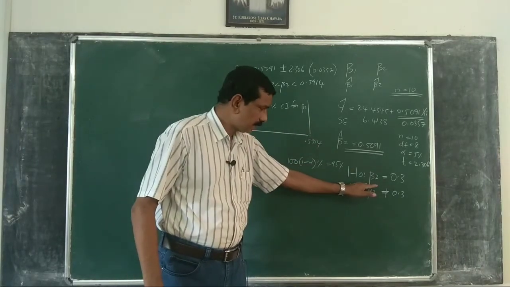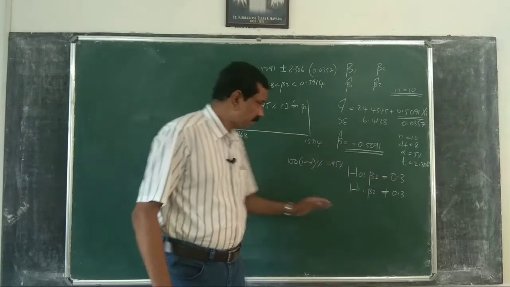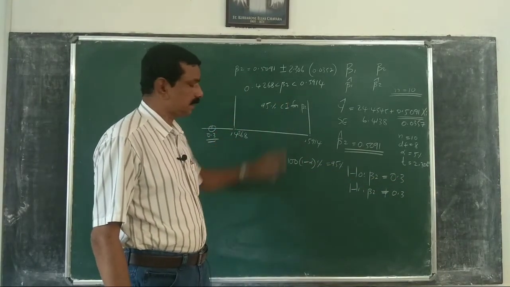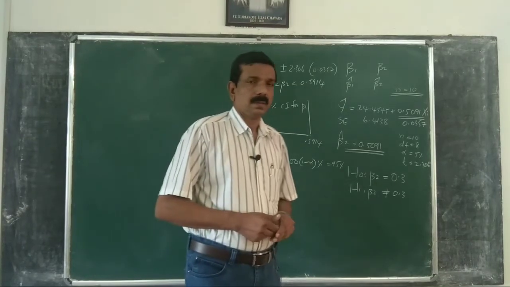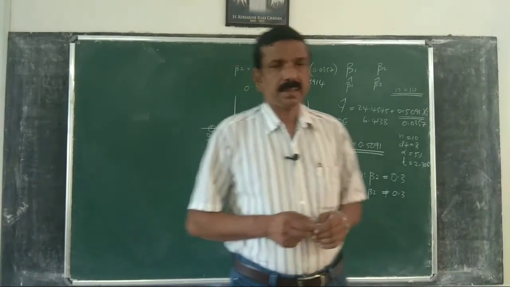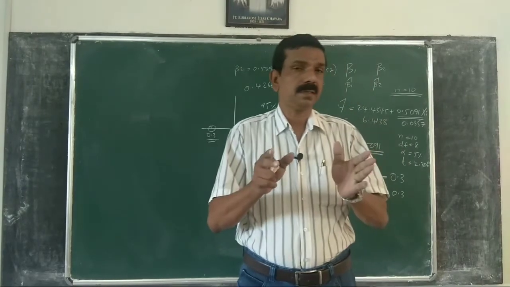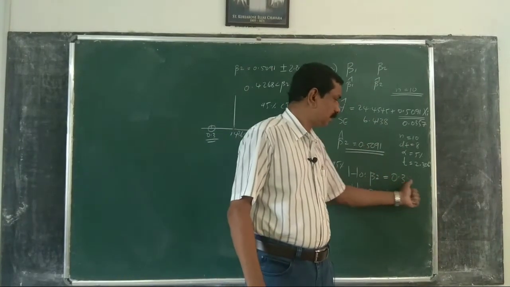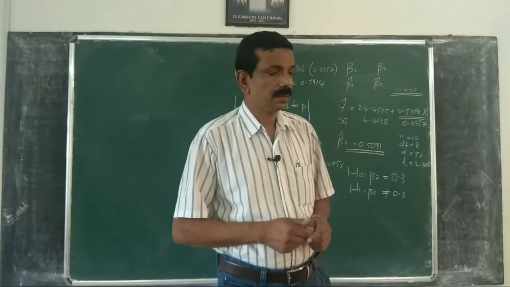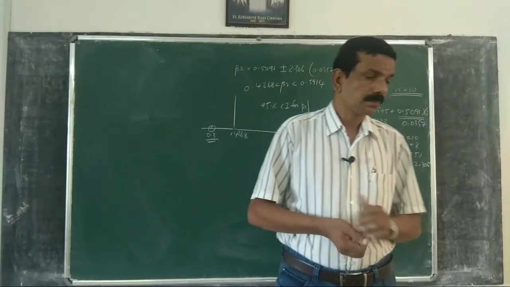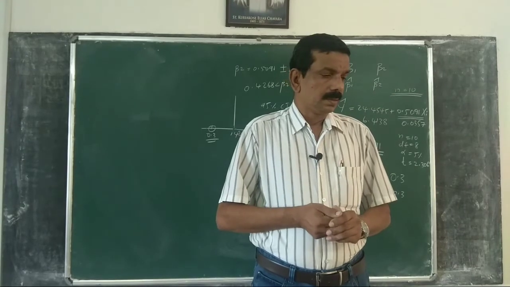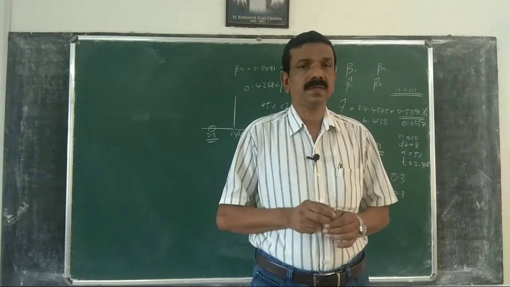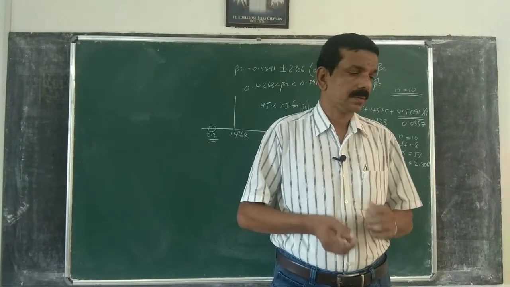In our example, the hypothesized value 0.3 is outside this interval. So we reject H0. That is, our sample is not generated by a population with beta 2 equal to 0.3. So this is the idea behind the confidence interval approach.